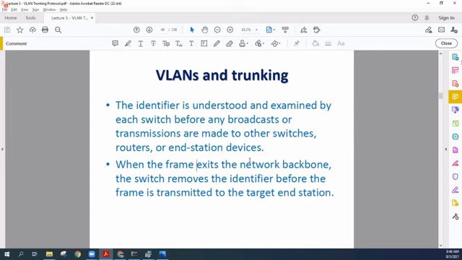When the frame exits the network backbone, the switch removes the identifier before the frame is transmitted to the target end station.